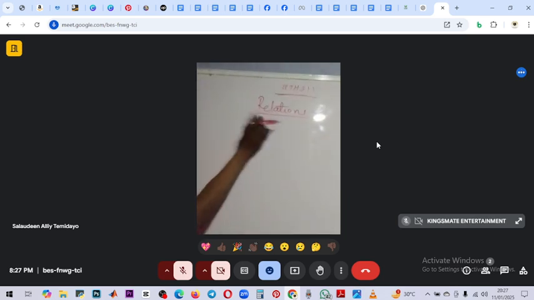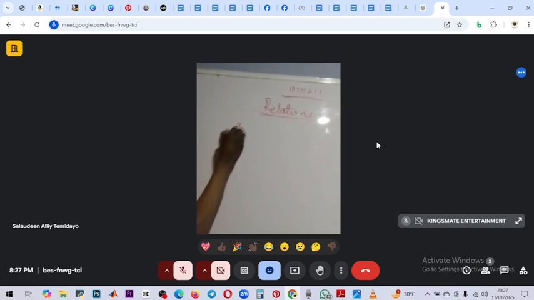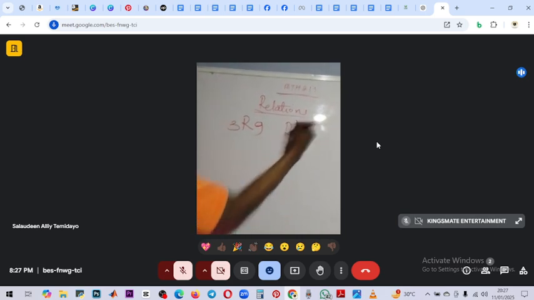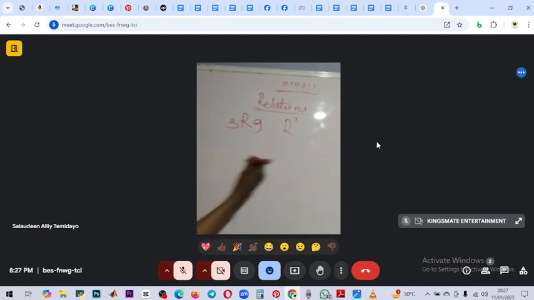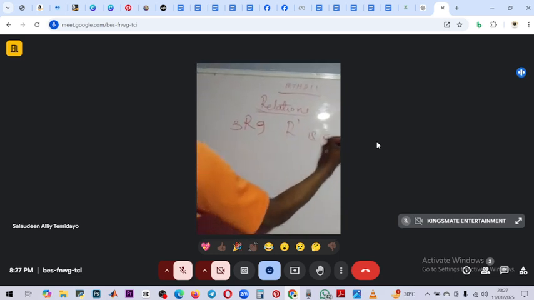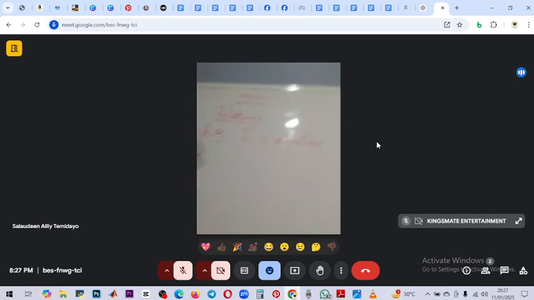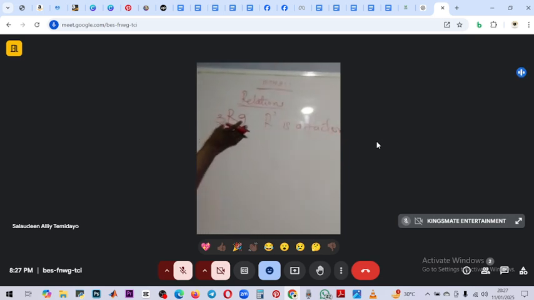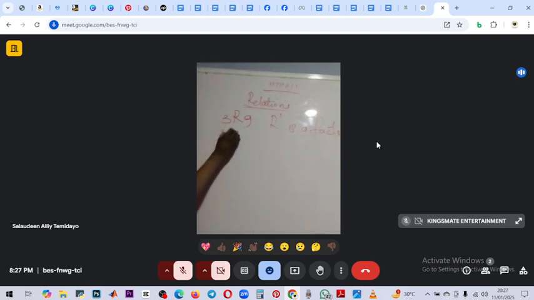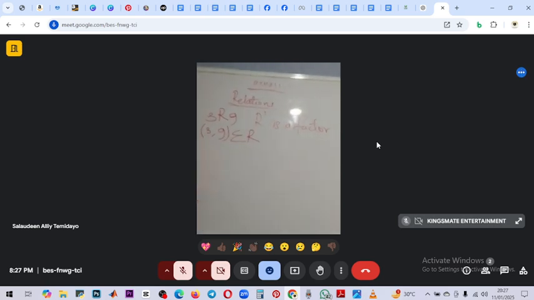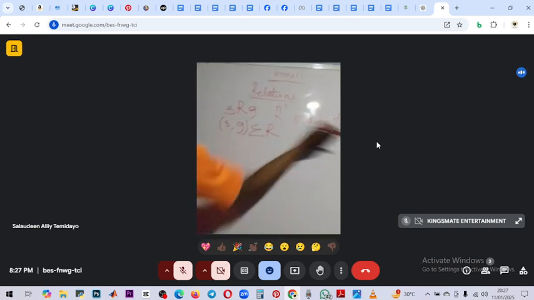If 3 is related to 9, and it is given that the relation is "is a factor of", very well, 3 is a factor of 9. This can be expressed this way: 3, 9 are elements of the relation. What is that relation? Is a factor of.